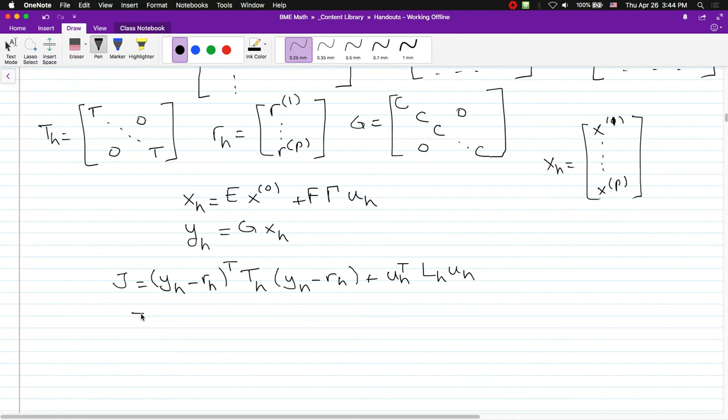So let's write this now in terms of the quantities. So YH is G times XH, so (G XH minus RH) transpose TH (G XH minus RH) plus UH transpose LH UH.